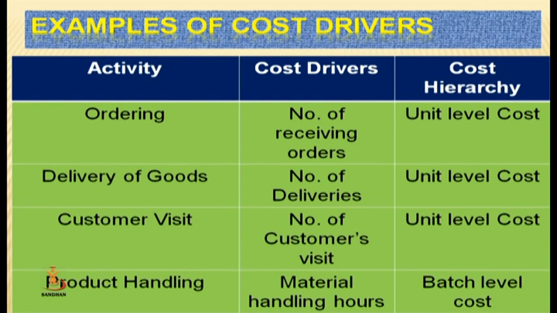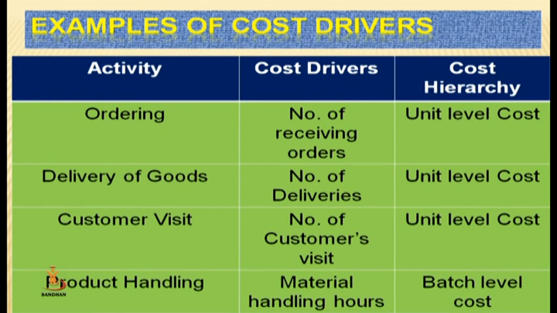So here the cost driver identified is the number of orders. Say, for example, orders are given to the suppliers to supply raw materials. During the year, how many orders were made? If 12 orders are made, then these 12 orders become the cost driver. Very important point.